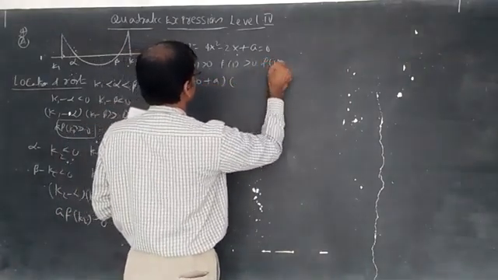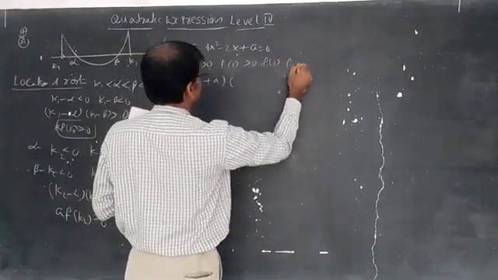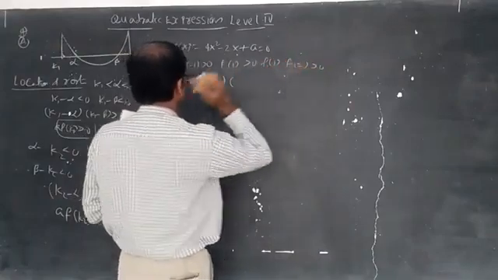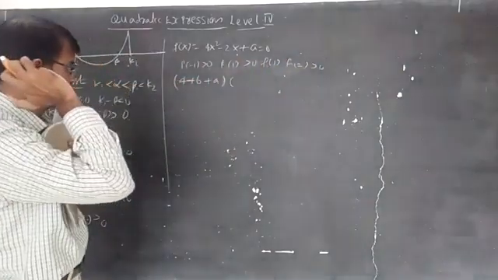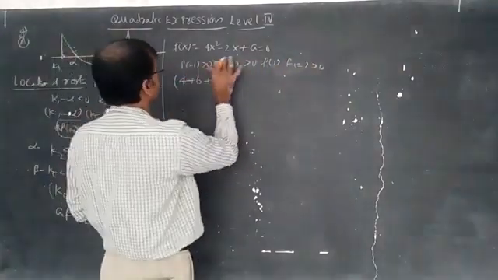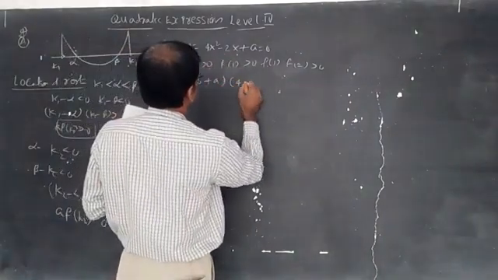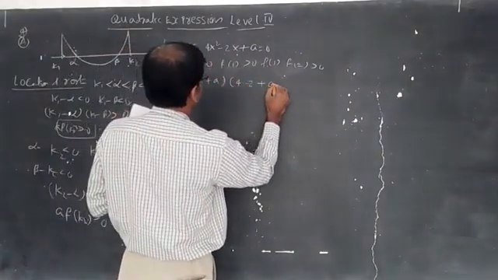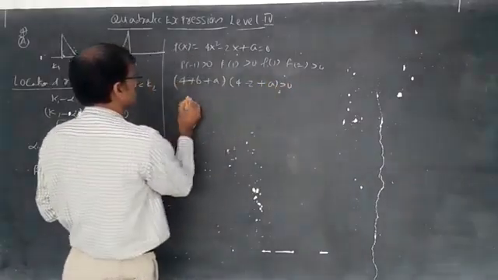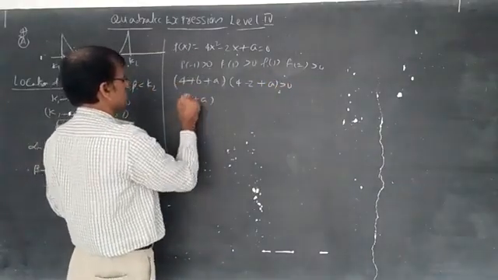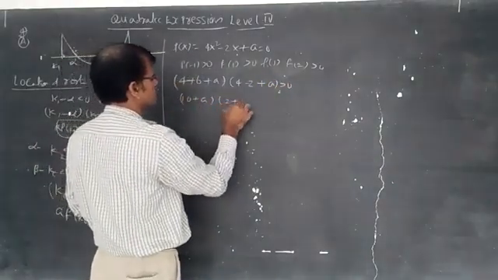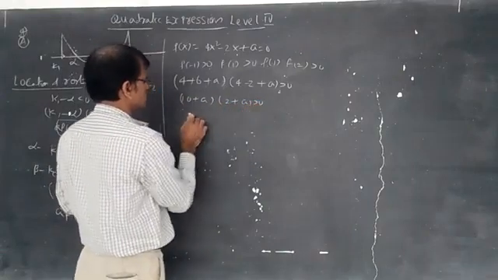If we multiply both, f of minus 1 into f of 2 greater than 0. That is plus into plus concept. 4 plus 2 plus a into 4 minus 2 plus a greater than 0, so 10 plus a into 2 plus a greater than 0.